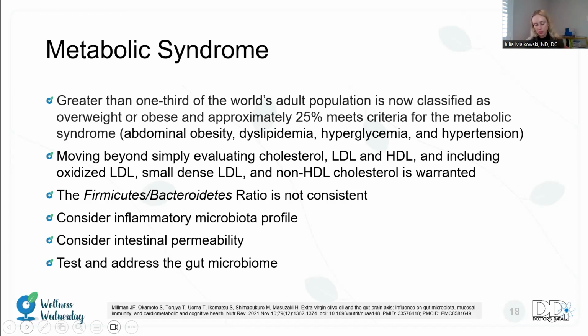We really want to look at those specific markers of oxidized LDL, small dense LDL, non-HDL, apolipoprotein B, and you need to move beyond the Firmicutes to Bacteroidetes ratio just because studies are not consistent in that. We need to get individualized information about each patient. We need to look at the inflammatory microbiota profile, intestinal permeability, and again, test and address your individualized patient to see what's happening with their microbiome.